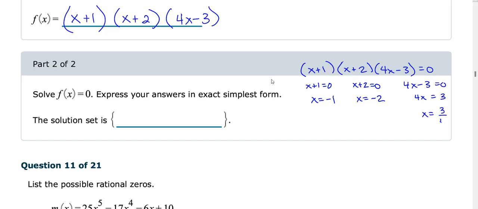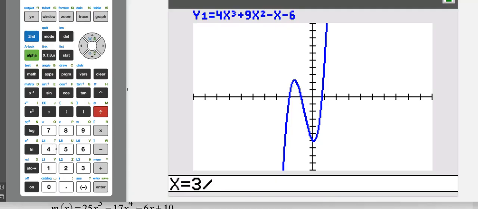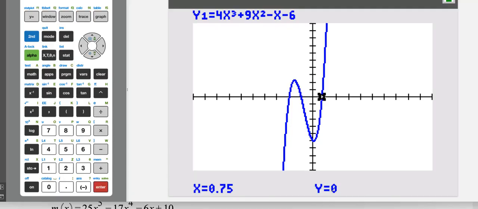So I get the solution set is negative 1, negative 2, 3/4. If I wanted to check that on my calculator, I can hit trace 3/4, and that is indeed a 0.